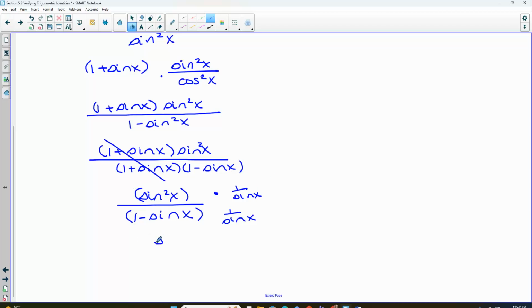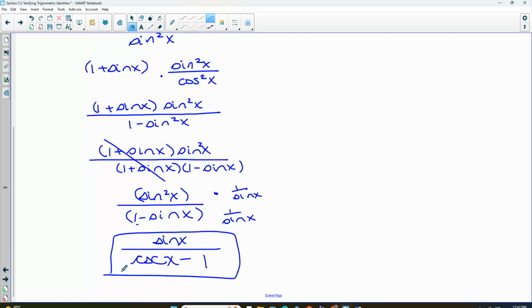Sine. On the bottom, 1 times 1 over sine. What is 1 over sine? Cosecant, minus, what's sine x over sine x? 1. And we got it.